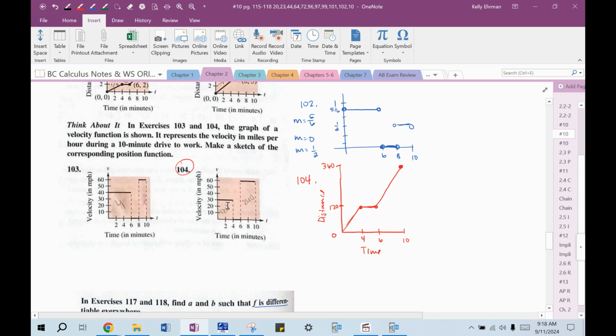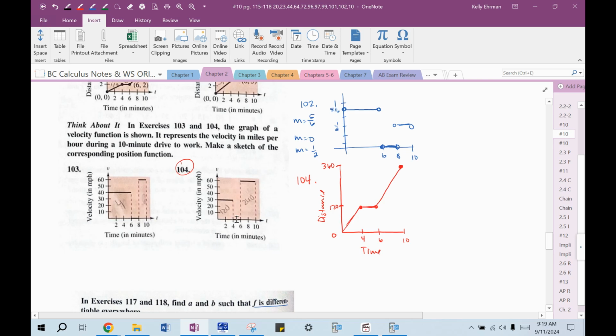Now you have velocity, so find position. So again, we're starting at 0. You haven't traveled any distance when you're first starting out. The area underneath the velocity curve is 30 times 4, so 120 miles have been traveled. So you should reach a height of 120 wherever you mark that.